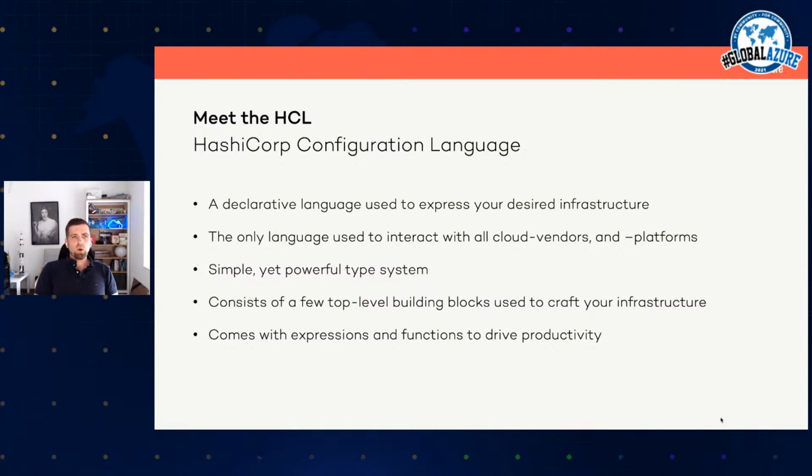To do so, we use a language called HCL. That's short for HashiCorp Configuration Language. The HashiCorp Configuration Language is a subset of JSON, so some of the nitty-gritty things are removed from JSON. We don't have to type all those semicolons and stuff like that.